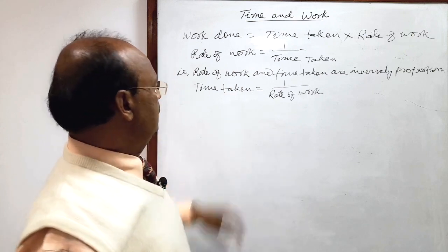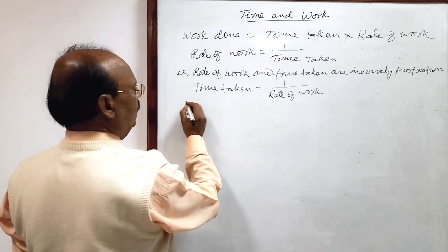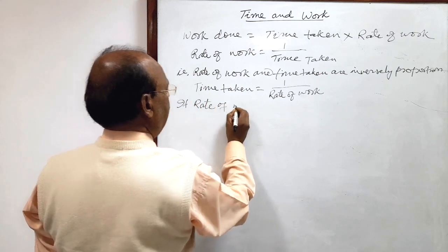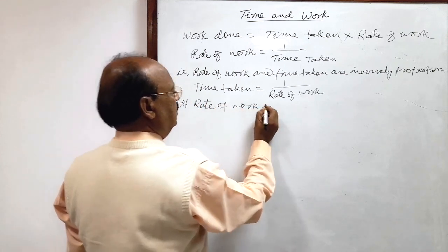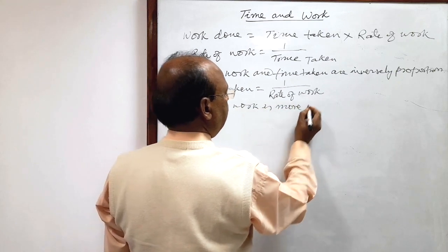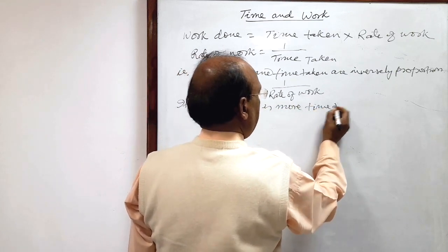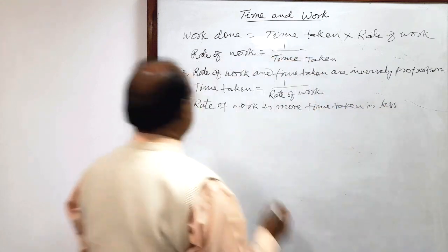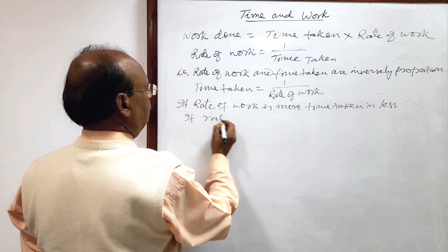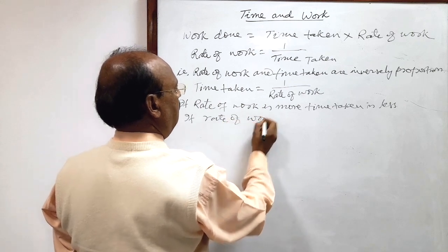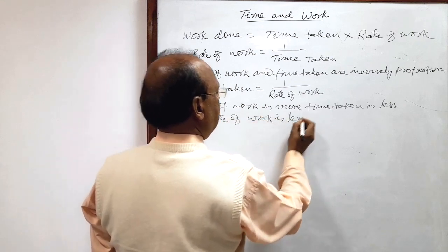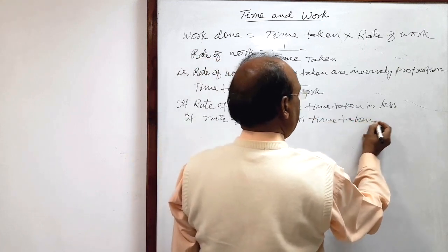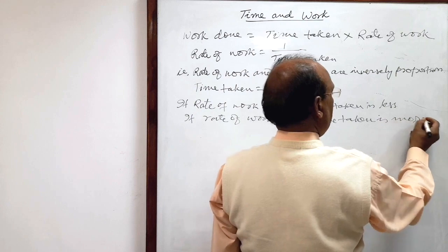If rate of work is more, time taken is less, and conversely if rate of work is less, time taken is more.